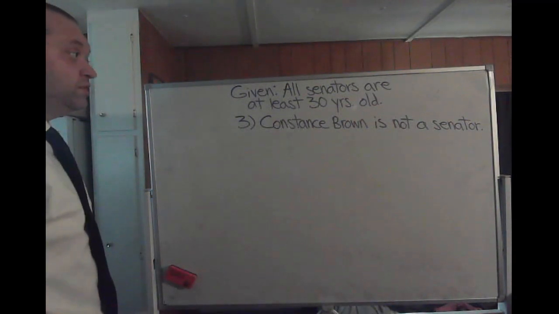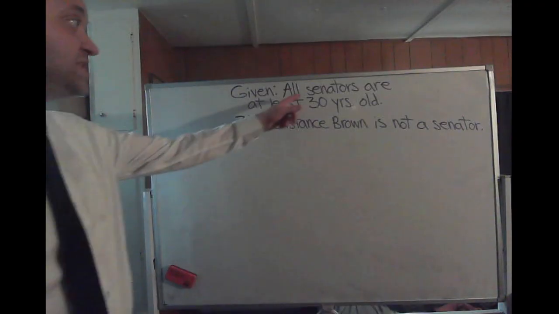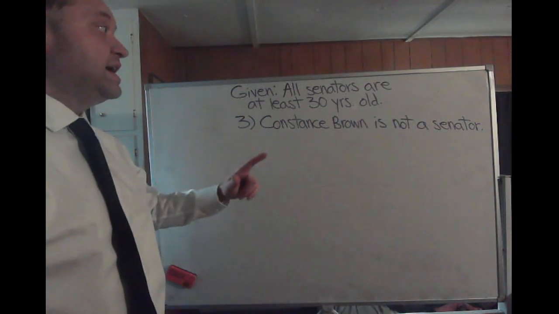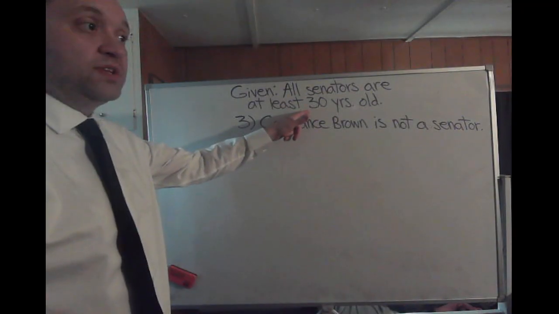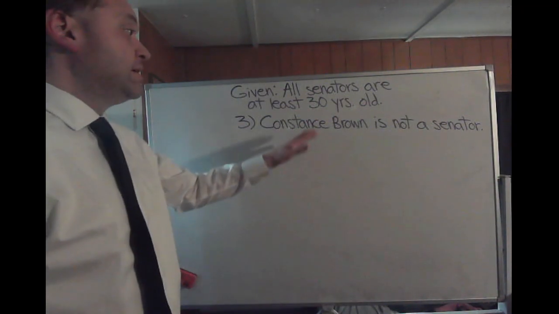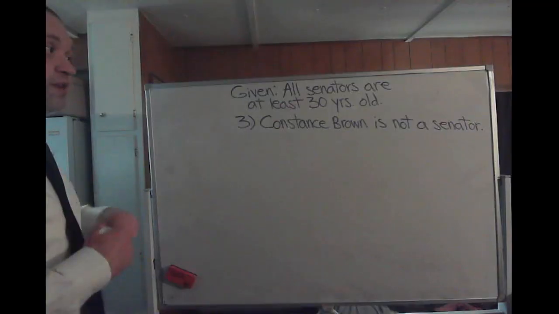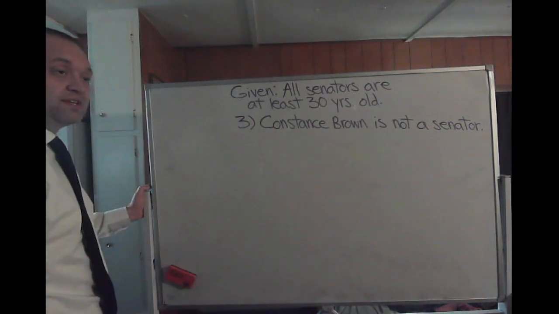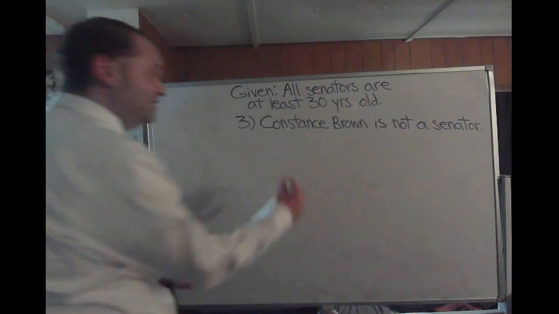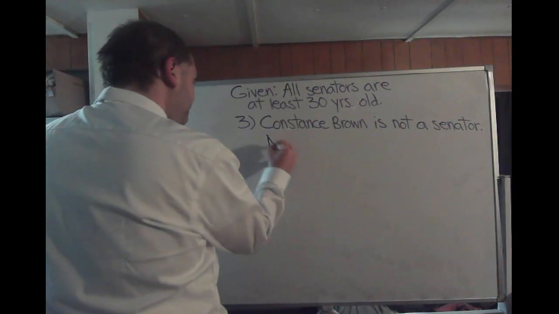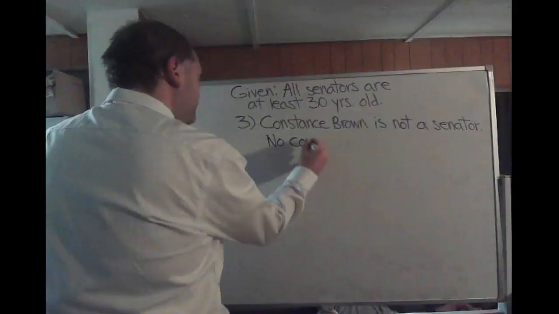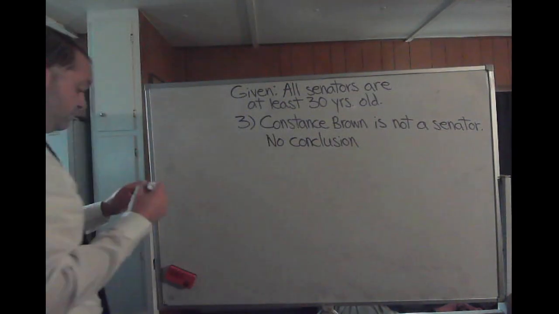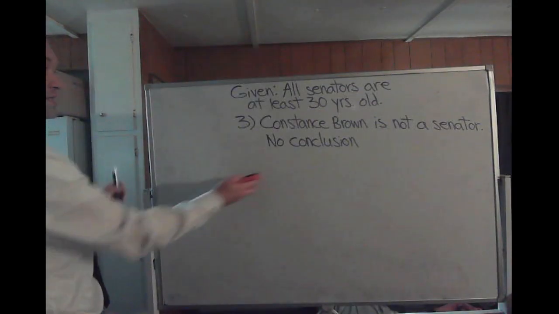Can we draw a conclusion on that? Granted, the given said that all senators are at least 30 years old. It doesn't say that every person at least 30 years old is a senator, right? So just because Constance Brown is not a senator doesn't mean they're not at least 30 years old. I mean, I'm 38 and I'm not a senator. If I were, I probably wouldn't be up here doing this. So, no conclusion based on the information that we have. So, no conclusions possible for this statement.